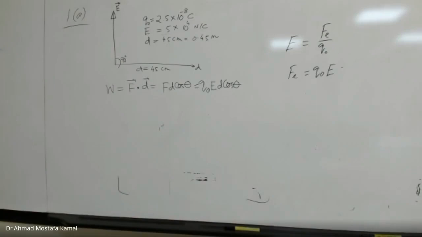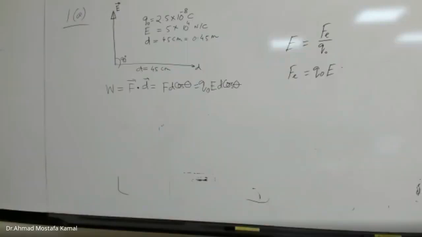So in this case, what is the angle between E and D? E is in the upward direction and the charge is moving in the downward direction. What is the angle between them? 180 degree. Very good. So in number B, theta is 180 degrees. If you put all these values in this equation for work done, you will get it.